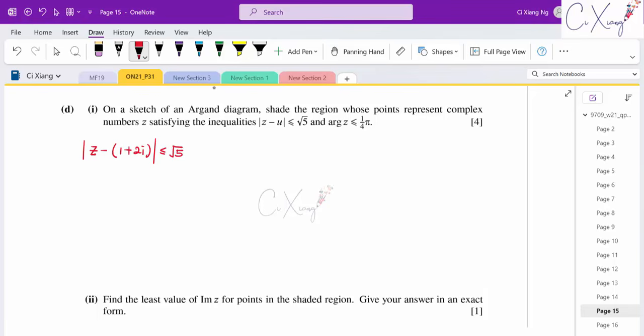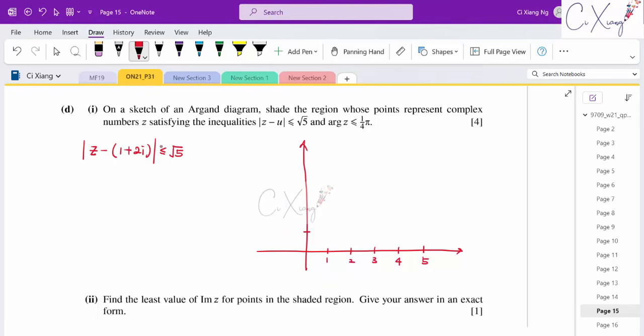Okay, so when you have a modulus sign on the left-hand side and a value on the right, this kind of equation or inequality denotes a circle. So the shape will be a circle. To make sure that you have a very nice curve or diagram, I would strongly suggest you measure your diagram using the same ratio for the x and y axes.